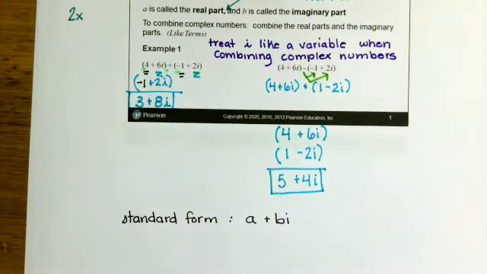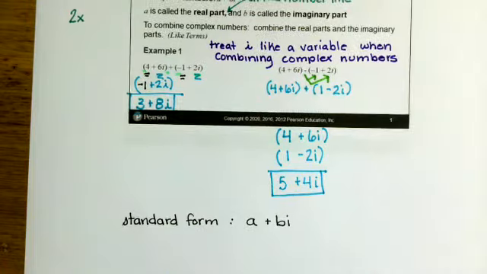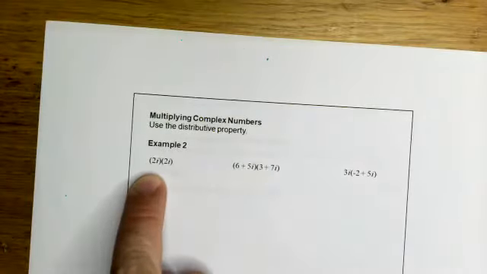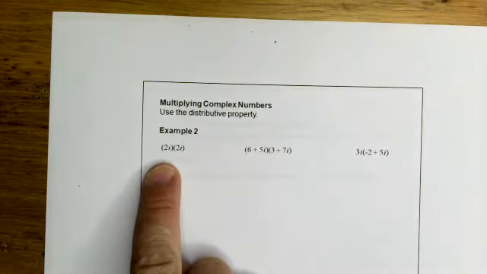So you always want your answer to be in A plus BI form. And it's okay if, like here, you don't have an A, but if you do, make sure they're in the right order, okay? Real number in front, imaginary number in the back.